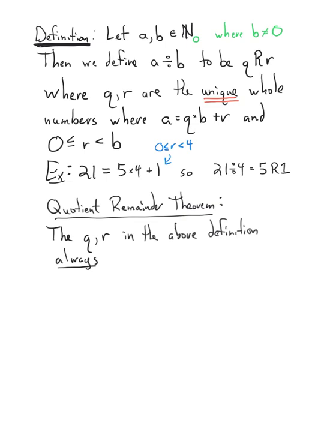So they always exist. And moreover, they are always unique. So that's a nice thing about division. We always get one answer.